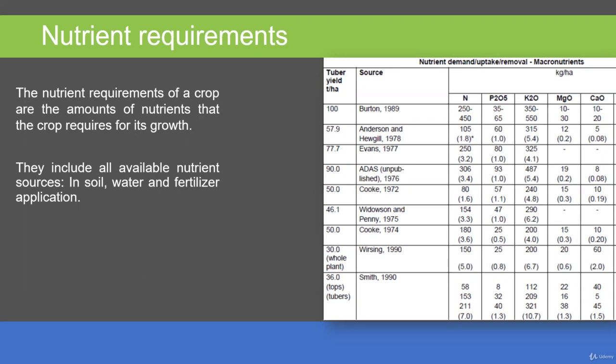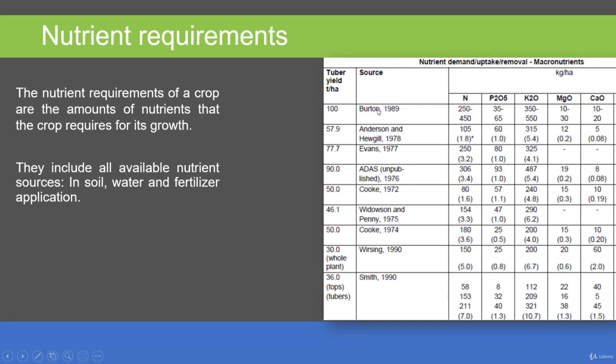So over here in this table, we can see an example of nutrient requirements of potato according to different authors. Now we see that there are some differences, and we can also see that nutrient requirements are always related to a specific target yield. What does this mean? Let's see an example.